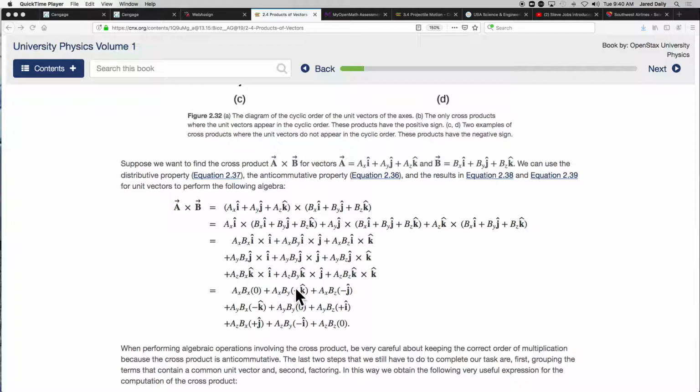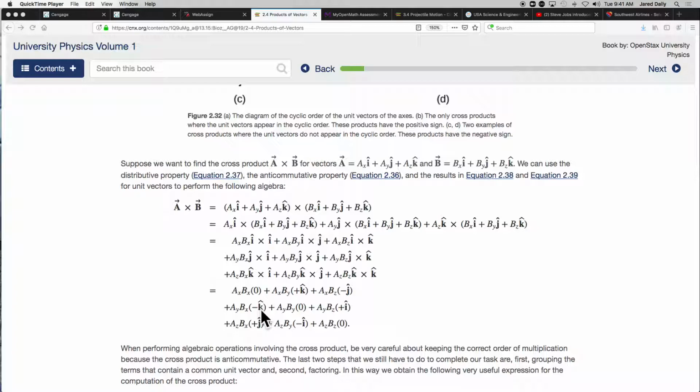And when we do A sub y, B sub x, just the opposite order, we get a negative k hat. So we get two k hat terms here. One's positive, one's negative. We have to combine them and see if we get some overall term. They might combine to be 0, a positive number, or a negative number, but in any case, we have to combine them to see what we get for our k hat term.